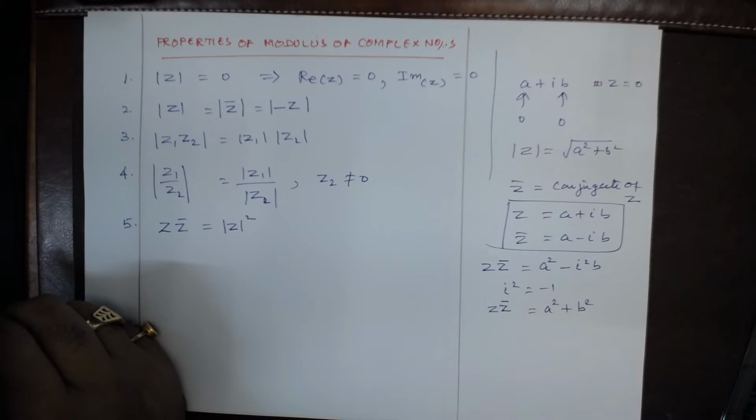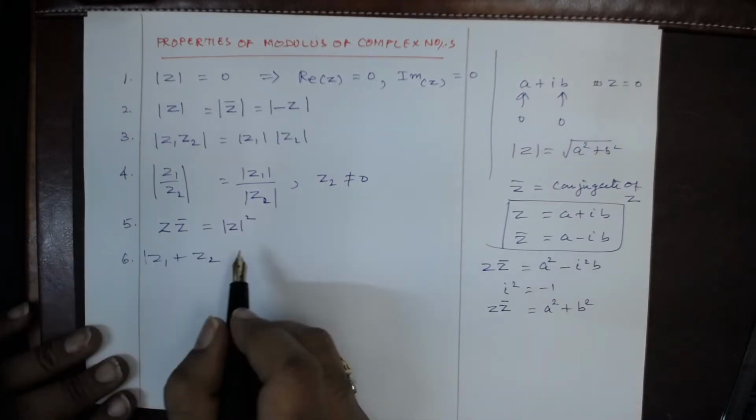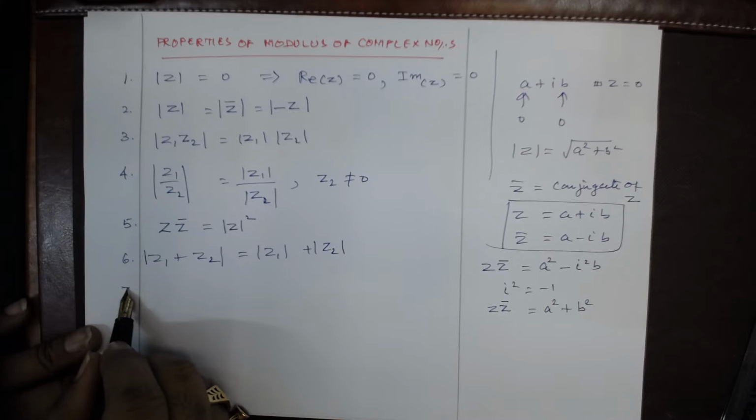z1 plus z2 modulus is less than or equal to z1 modulus plus z2 modulus. You have to learn by heart all these properties.